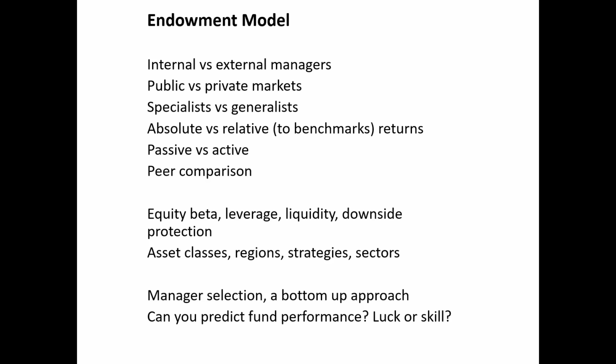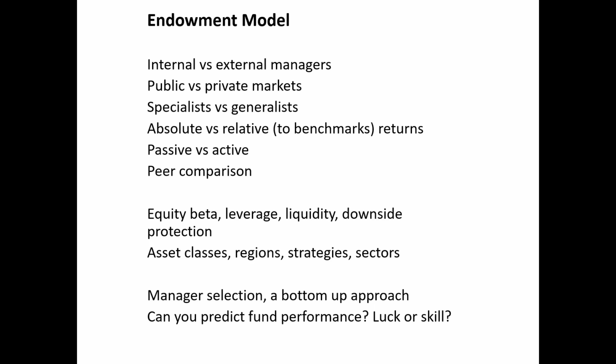In the first lecture, I already highlighted some of the features of the endowment model. The endowment model nowadays tends to focus on hiring external managers and doing both public and private investing. We hire both generalists, who look at everything, and specialists in certain domains, such as biotech, AI, and so on.